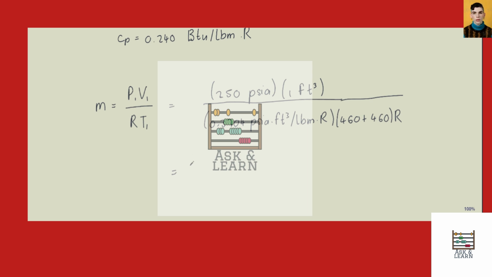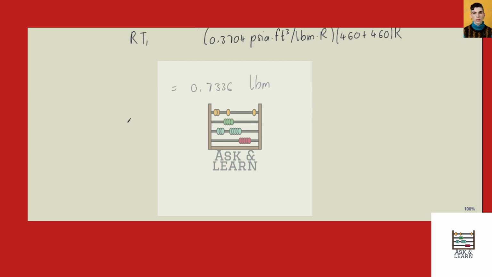So we get the mass of the air in the system to be 0.7336 pounds, or pound mass. Now from here we can find this final specific volume. The final specific volume, v2, is equal to the total volume of the system, V2, over the mass.